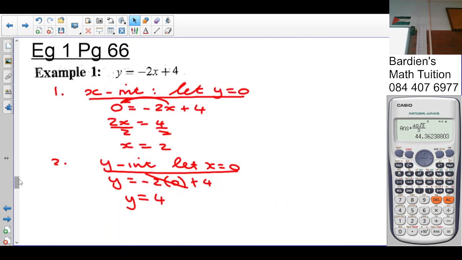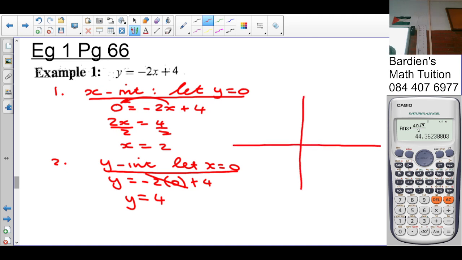So if you now go on the Cartesian plane. Remember, this is your x-axis and that's your y-axis. Where the graph cuts your x-axis is called your x-intercept, and the point where the graph cuts your y-axis is called your y-intercept.